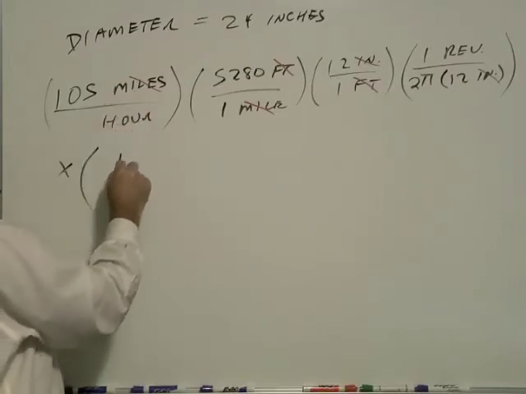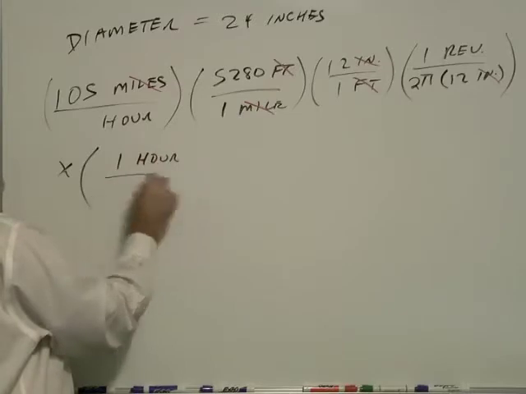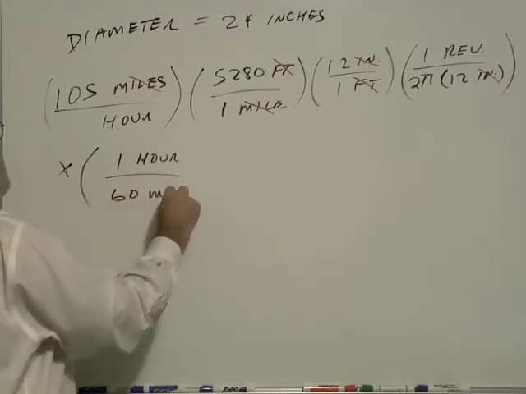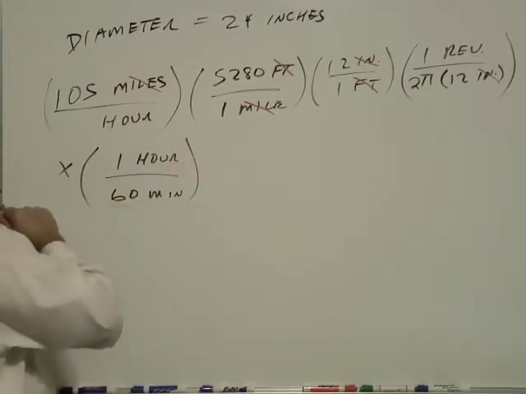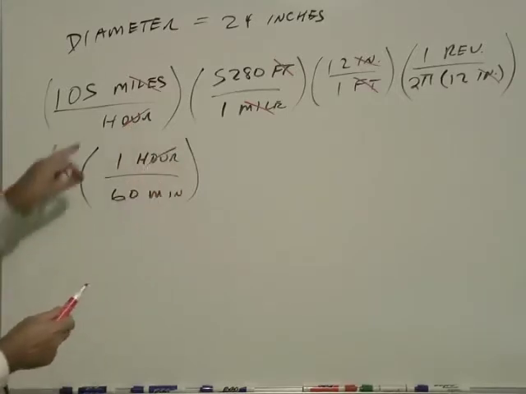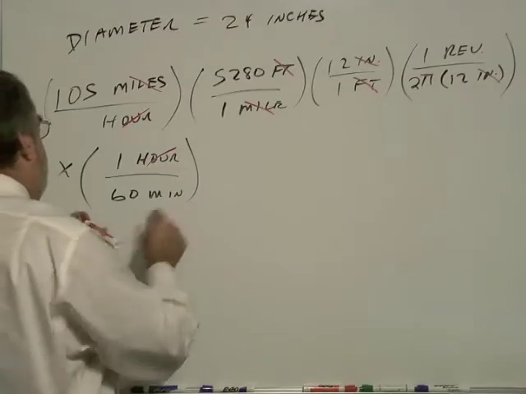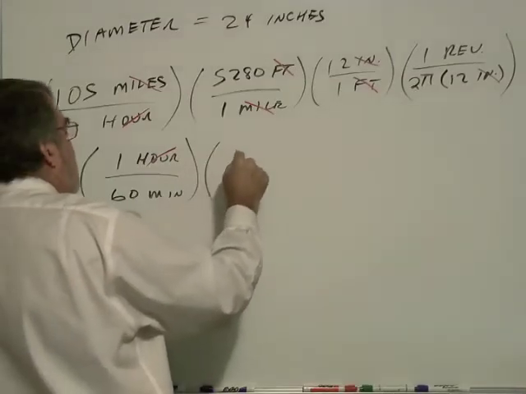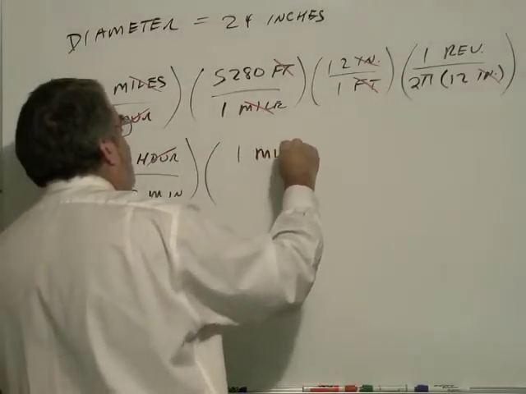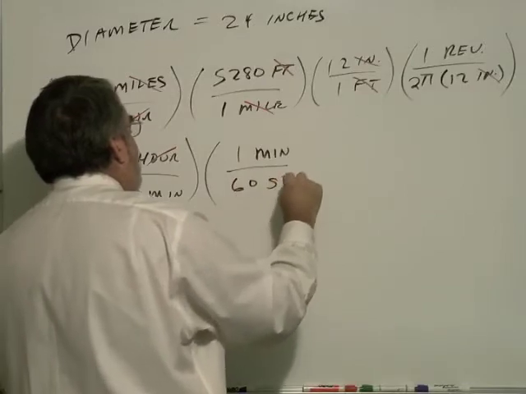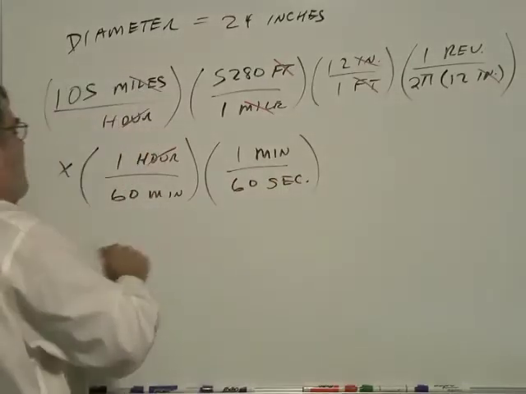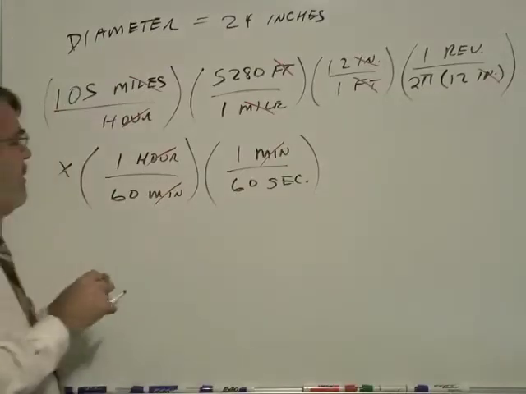And in 1 hour, of course, there are 60 minutes. So those units cancel. This denominator cancels that numerator. And then finally, 1 minute is 60 seconds. So the minutes units cancel.